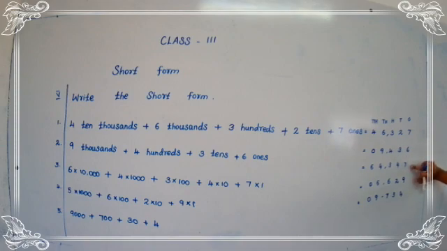Then see the third one. 64,347. Then see the fourth one. 5,629. Then see the last one, the fifth one. 9,734.